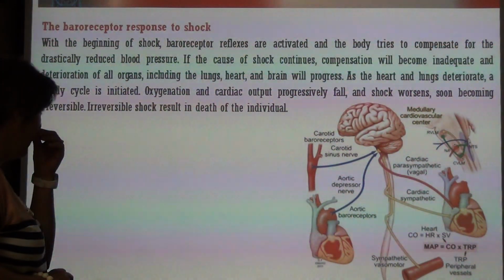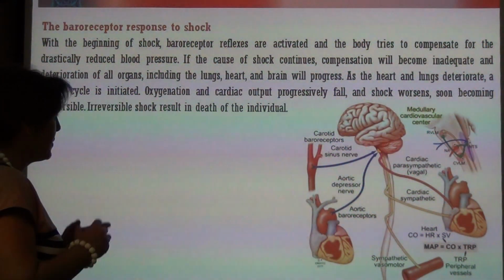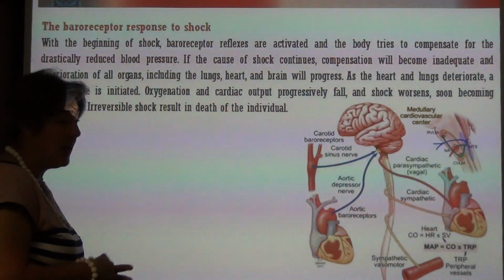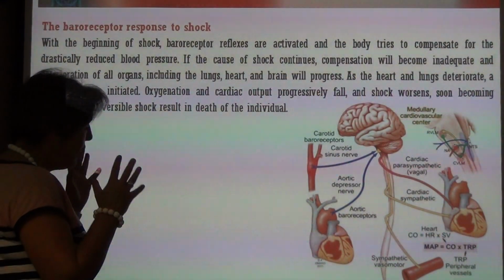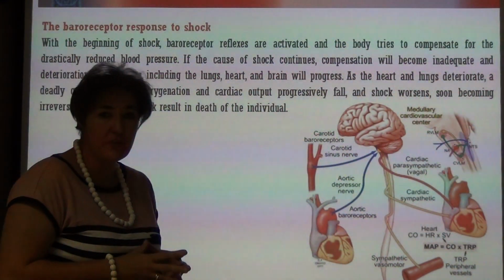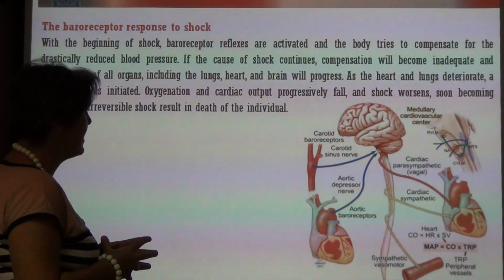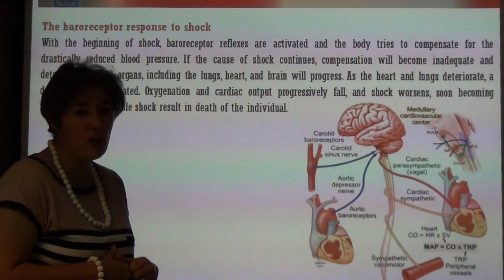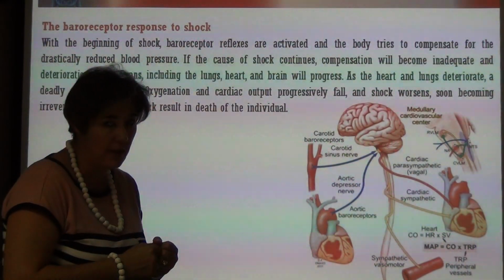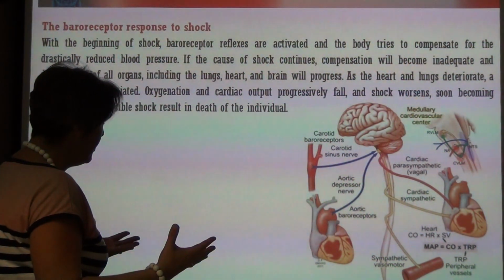So if we look at the baroreceptor response to shock, I think that's pretty much what I've covered just now. Obviously, if you go into a state of shock, the baroreceptor reflexes will be activated immediately, and they will try and compensate for the reduced blood flow. So what am I going to do?